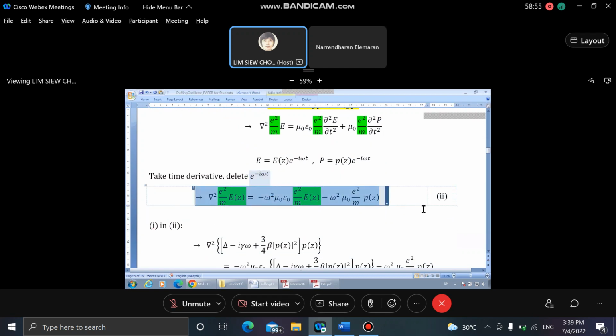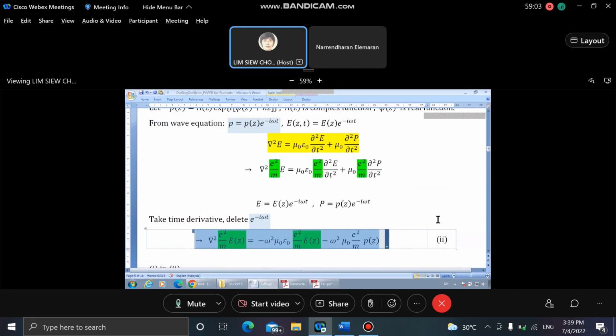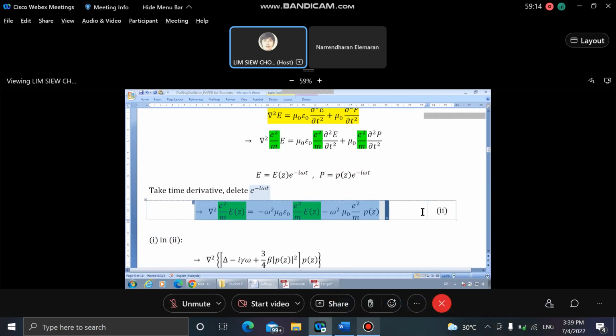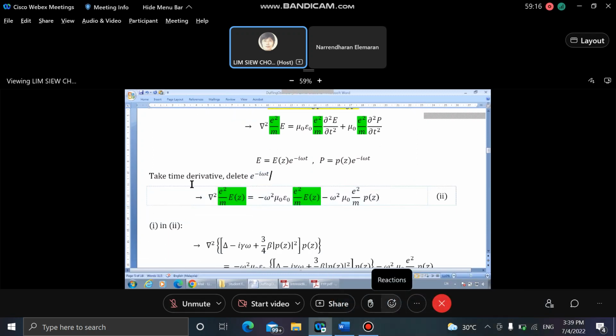So is this step okay for you? Is it okay? So I try to go through slowly. You can capture the consideration. Okay, so this is from the wave equation.